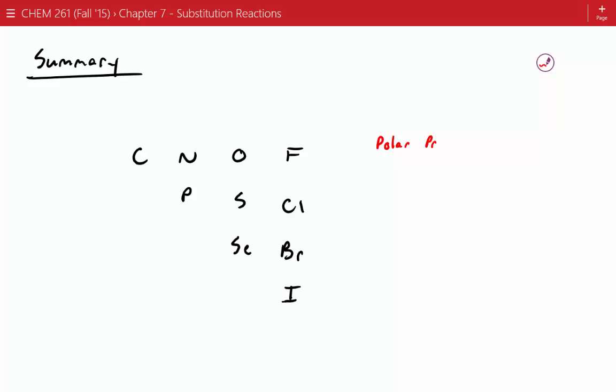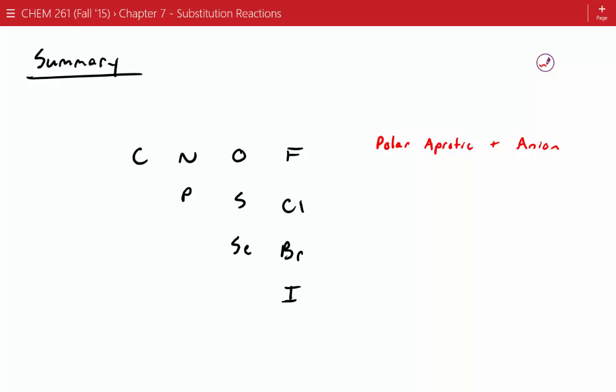And we've got polar protic. Oops, sorry. Let me redo this. Polar aprotic plus an anion. So in this case, we're putting our nucleophile into a polar aprotic solvent. Are we getting more nucleophilic as we go right to left or left to right? This goes back to yesterday's.